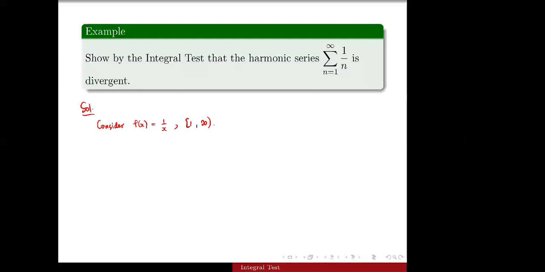Then f is continuous on 1 up to plus infinity. f of x is greater than 0 for all x greater than or equal to 1.